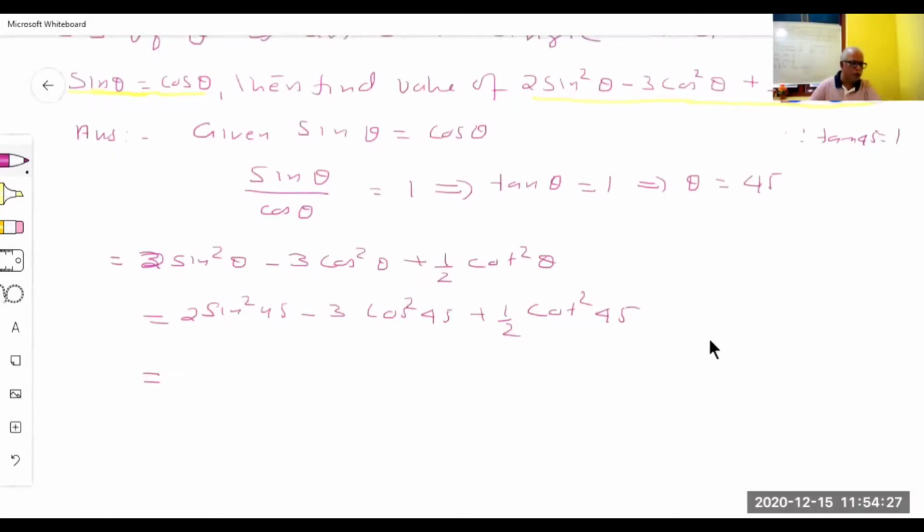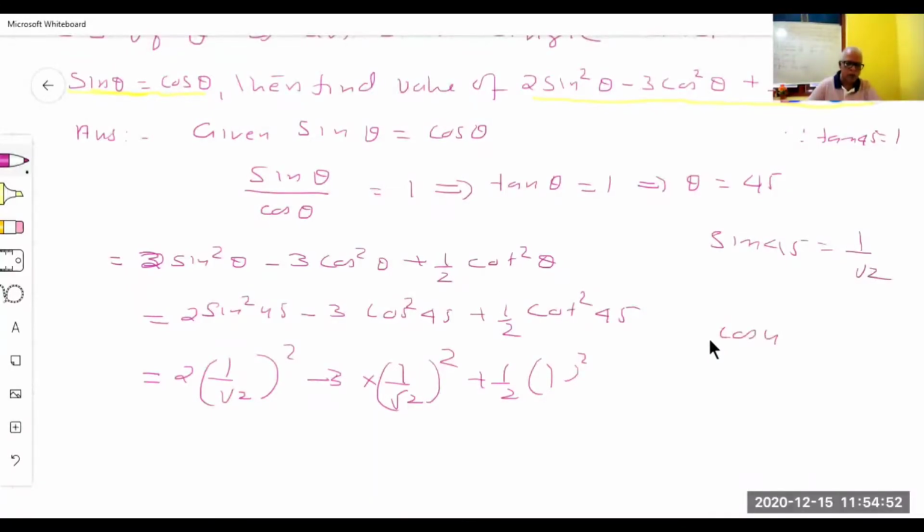2 into 1 by root 2 the whole square, minus 3 into 1 by root 2 the whole square, plus 1 by 2 into 1 square. Because all of us know sin 45 is equal to 1 by root 2, cos 45 is equal to 1 by root 2, cot 45 is equal to 1, tan 45 is equal to 1.